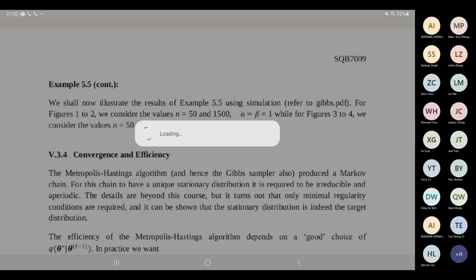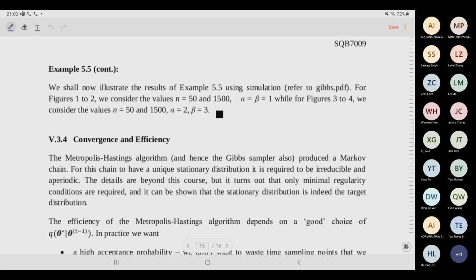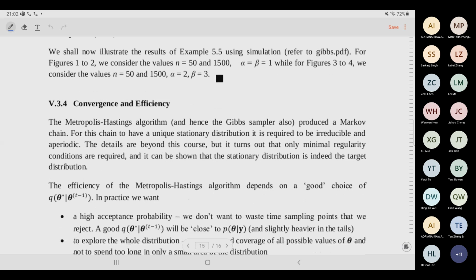Okay, so for the final part, we're going to look at what I call convergence and efficiency.